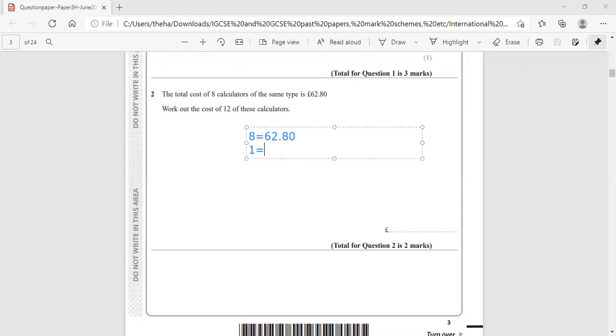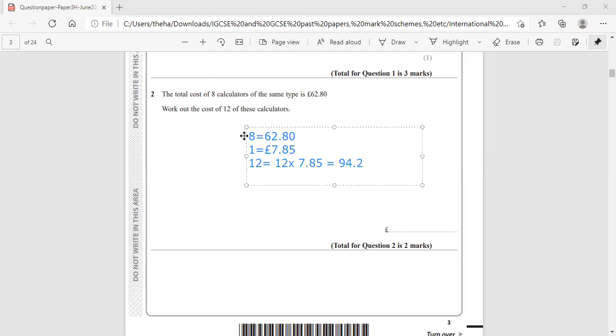So then what we can do is we can work out 1. So then what we need to do is 62.80 divided by 8, which gives us one calculator equals £7.85. And then what we do is we go 12 equals, so then we multiply 12 times 7.85, and that gives us a total answer of 94.2 for the calculators.